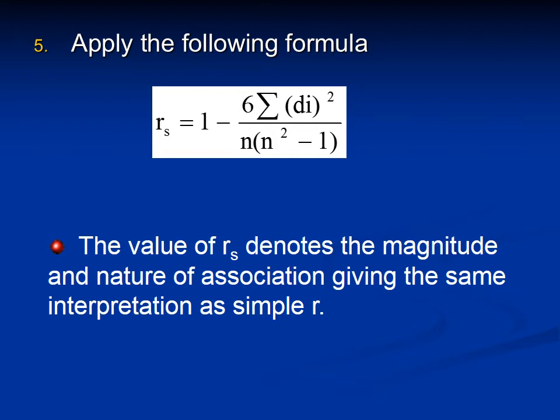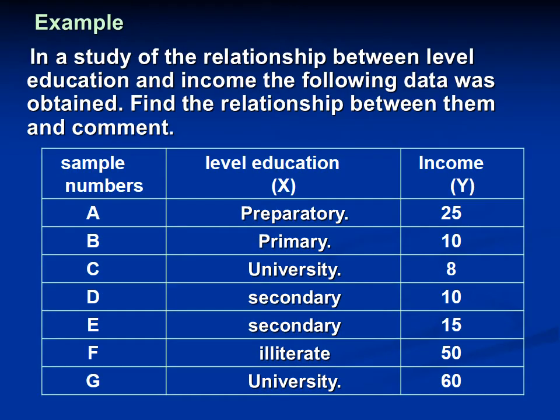You either have a positive, a negative, or no relationship, and then it can be strong, intermediate, or weak. The interpretation is the same for both RS and R. RS is Spearman's rank correlation, and R is Pearson's or product moment correlation coefficient.